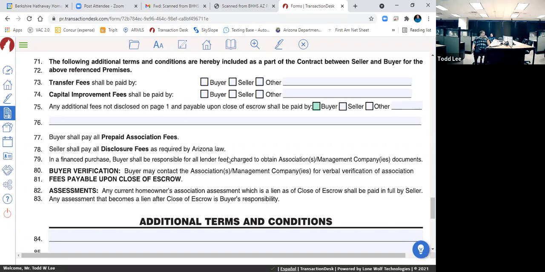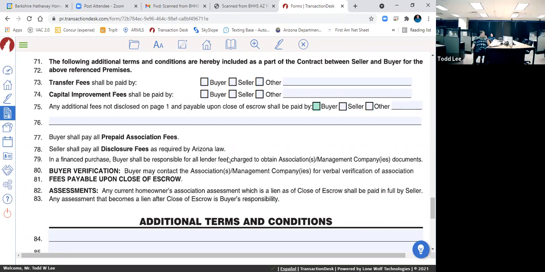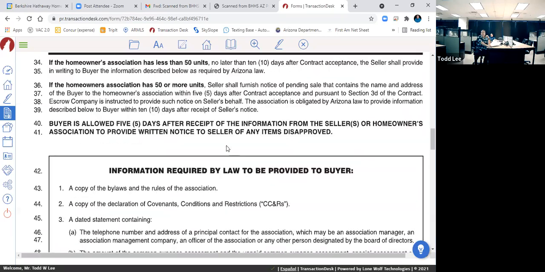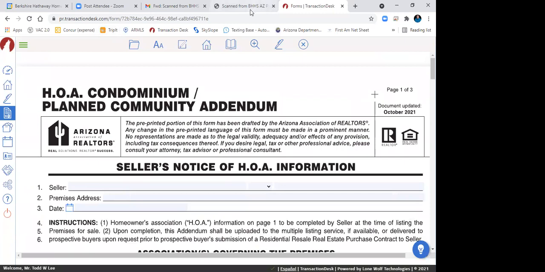Some of them may take a week. I've seen some where it takes almost the full 30 days to get the packet, and then the buyer still would have 5 days at that point to review those documents and make sure there wasn't anything in there they objected to. So you always have at least those 5 days to review your HOA documents.